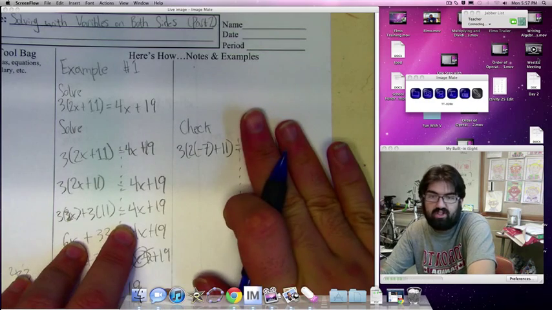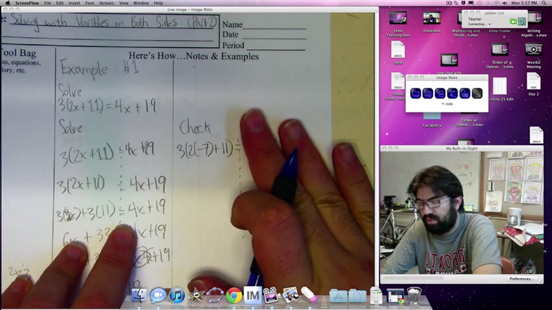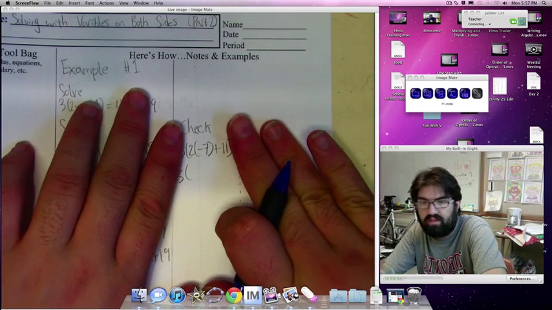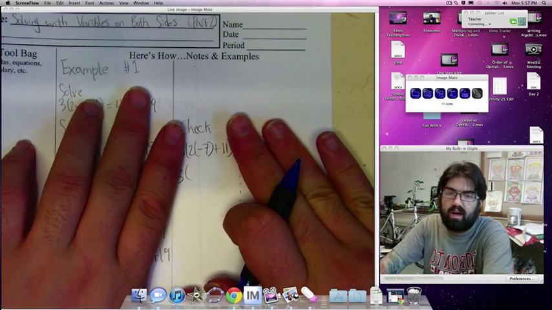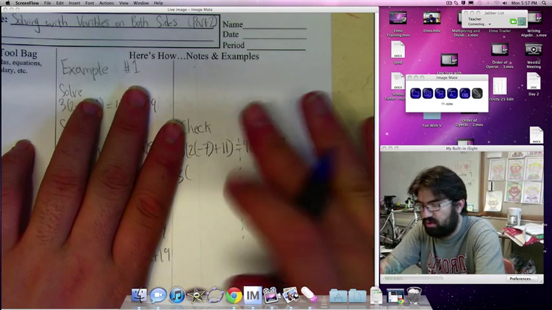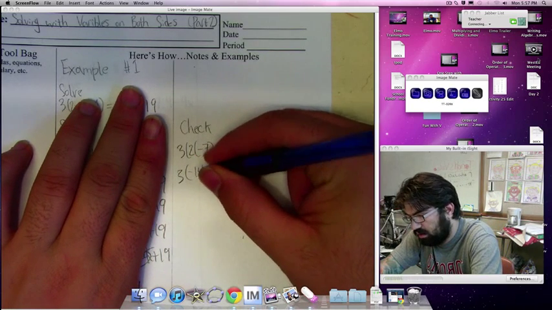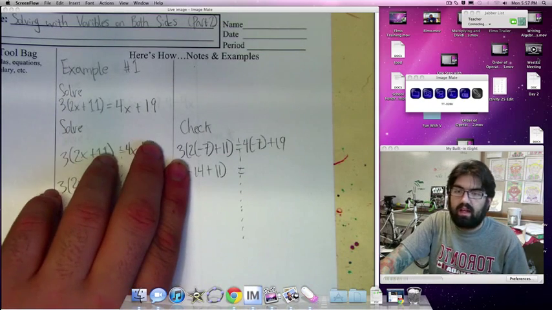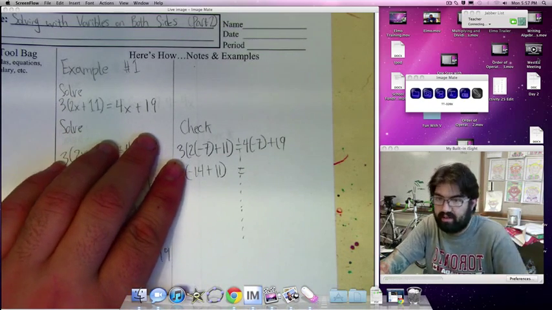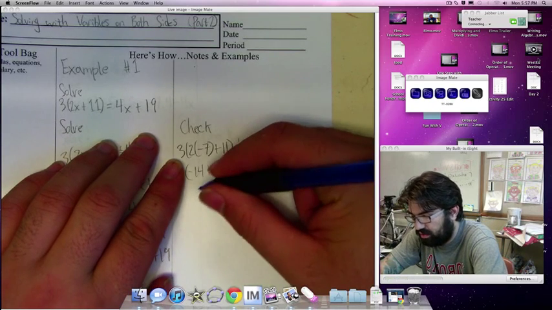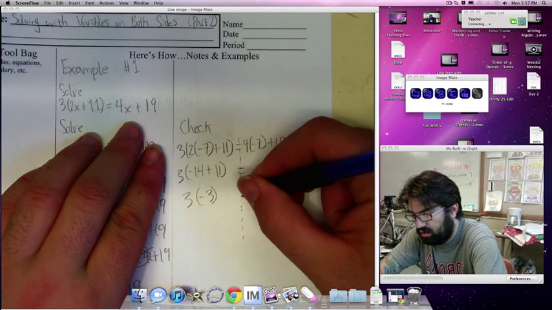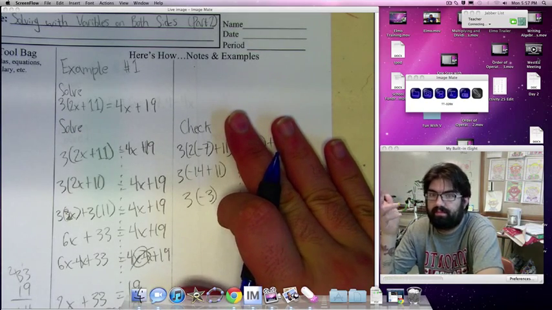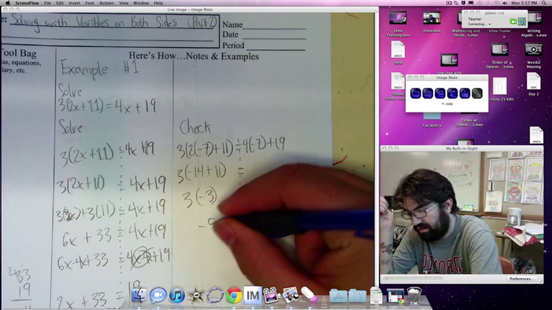Ignore one side and let's just work on one side. Order of operations, we do what's inside the parentheses first. Inside of there, is it times or add first? Order of operations says to multiply first. Negative 14 plus positive 11 should be negative 3. 3 times negative 3 is negative 9.